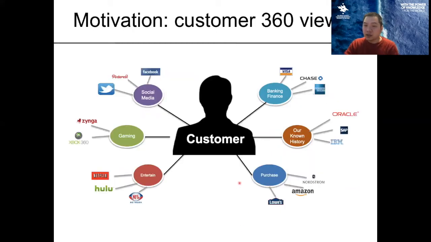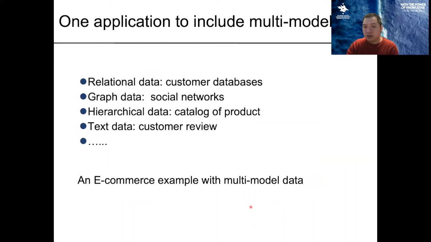Consider a use case called customer 360-degree view, where a customer can own data in various applications, including the social media, gaming, entertainment, banking, finance, historical data, and the online purchase data. This shows that one application will have multimodal data.